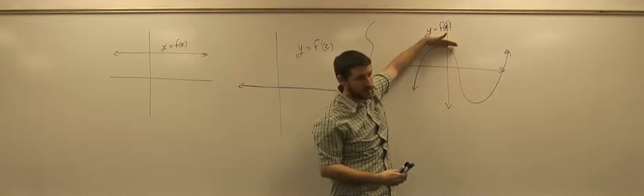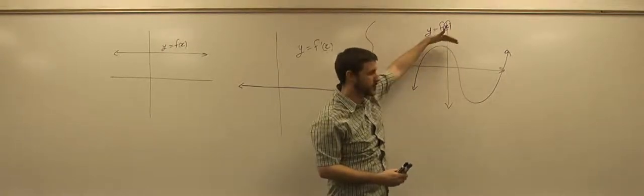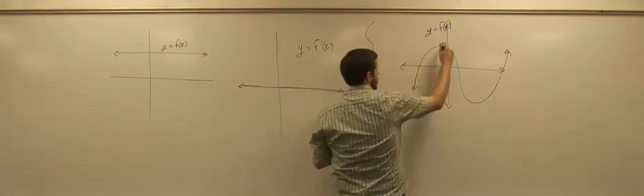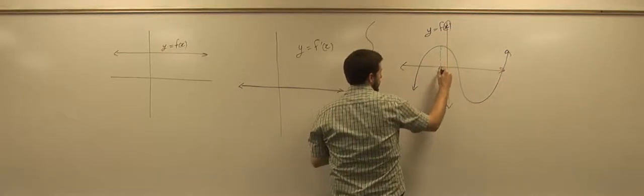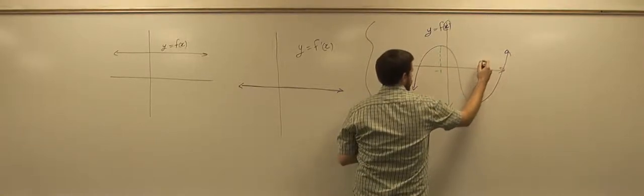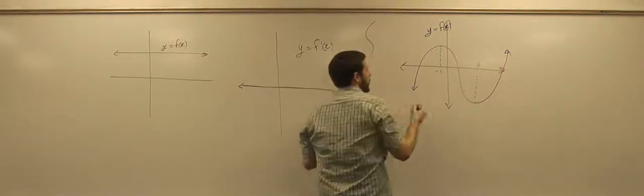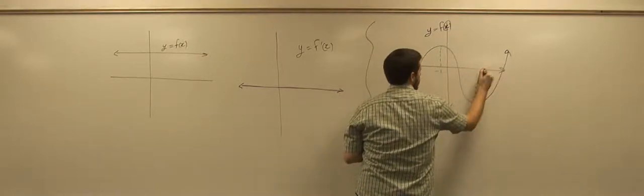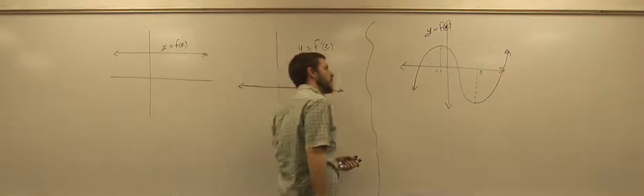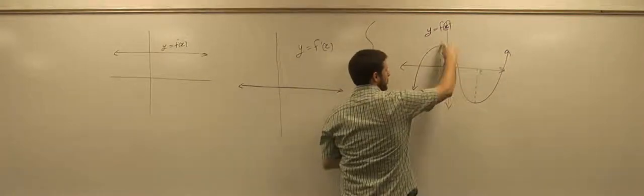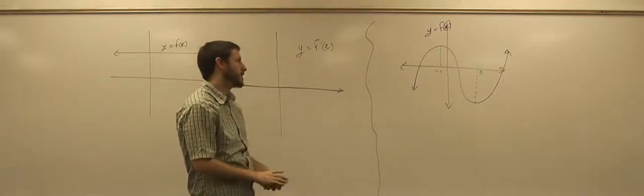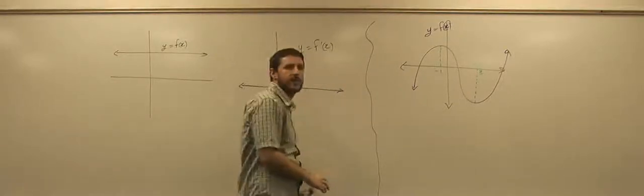Another way of saying that is where the function turns around. So the important x values here, say this is at -1, and say this is at 3. If I give you this function, with this maximum at x equals -1 and this minimum at x equals 3, you should be able to sketch a decent graph of the derivative.